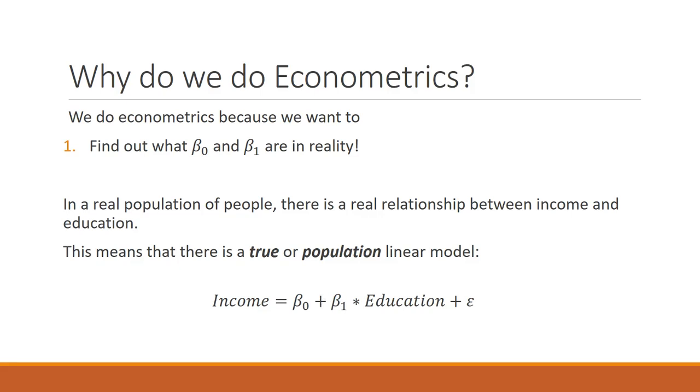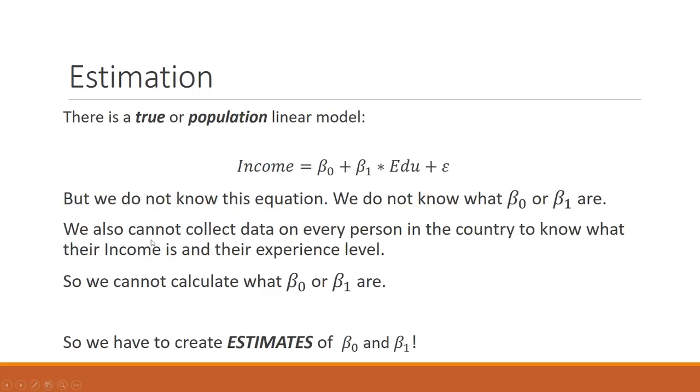So in the real population, there's some relationship. Well, as you know from the last 2 lectures, we never have data on the whole population. And if we never have data on the whole population, we're never able to know the true beta 1 and beta 0. So, what do we do? We estimate the linear model.